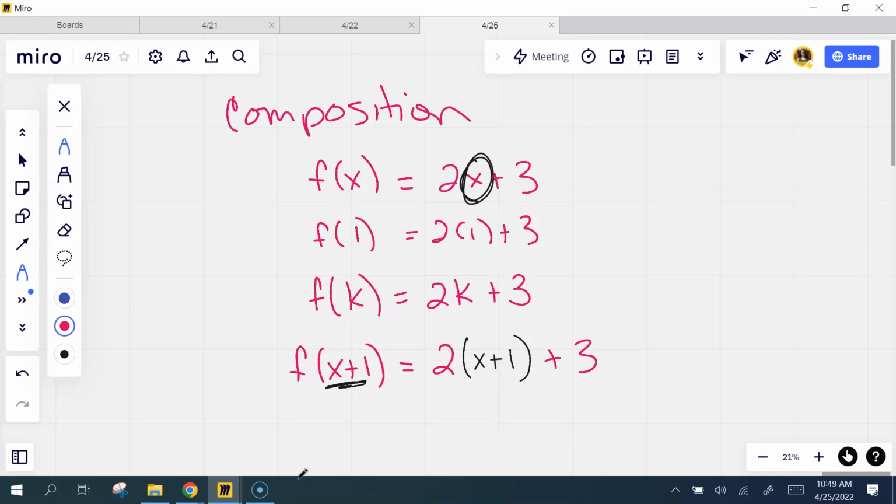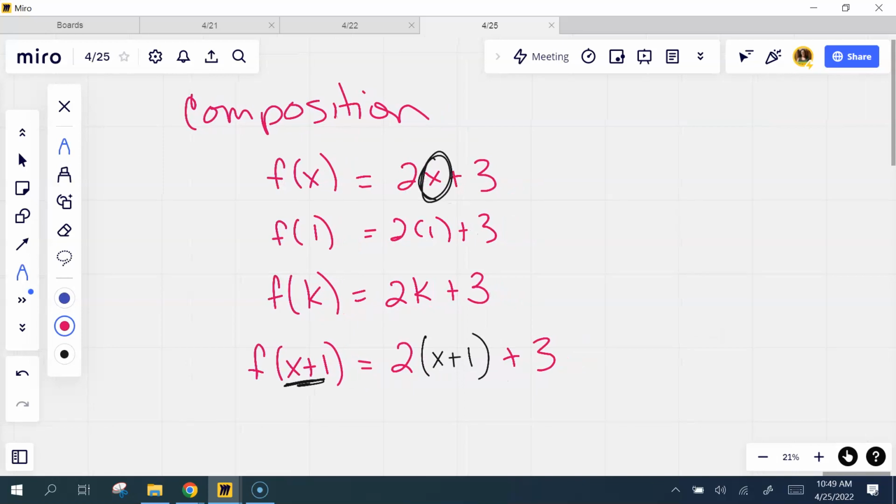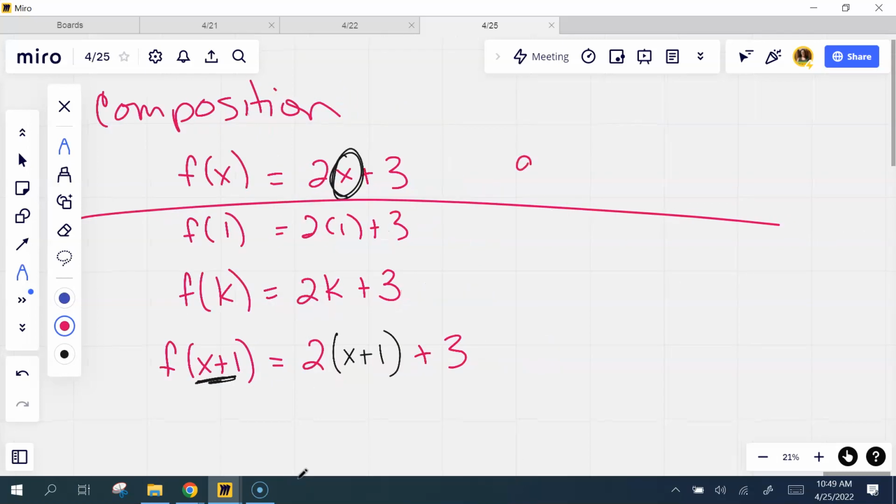Where composition comes in is I'll define two different functions. So maybe f of x is 2x plus 3, and g of x is, we'll say, x minus 5. And then I might say, what is f of g of x?